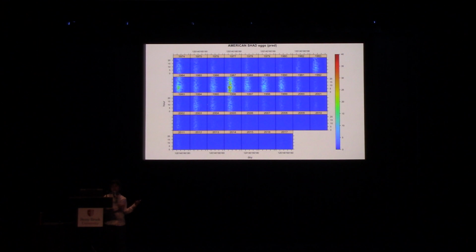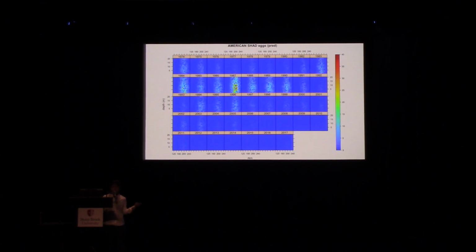So it shows that the American shad spawning season generally takes place from day of year 110 to day of year 150. And spawning activity could occur over day and night, but it's more likely to occur during daytime because catch rates on eggs are higher in daytime.